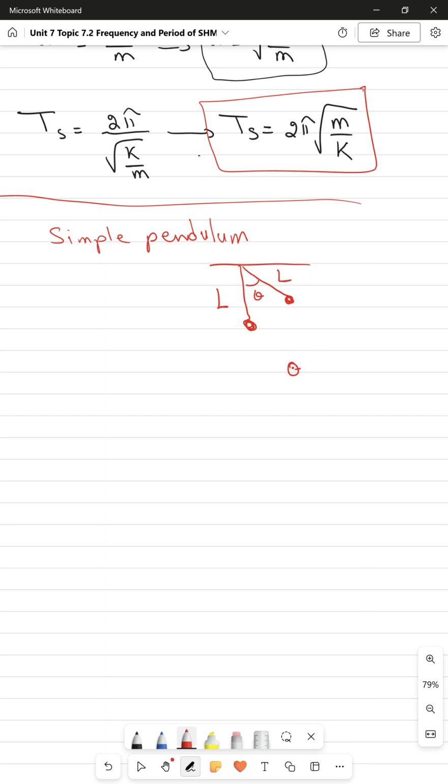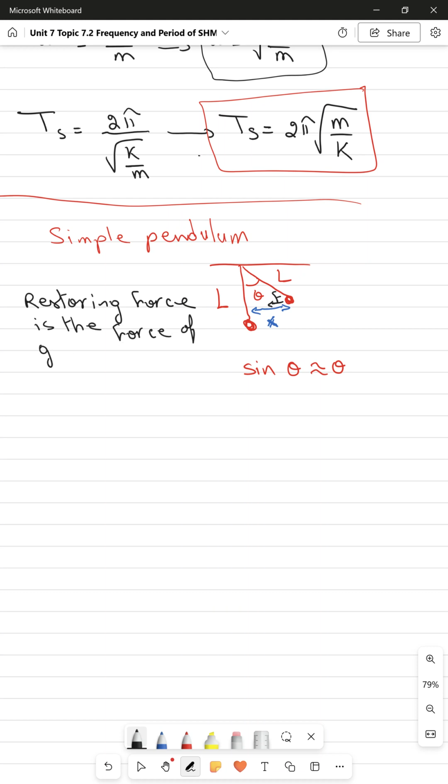So we know that using small angle approximation, sine of theta is equal to theta, and we are going to call that distance x, the displacement, and the restoring force is going to be the force of gravity. So the restoring force is going to be to the left.